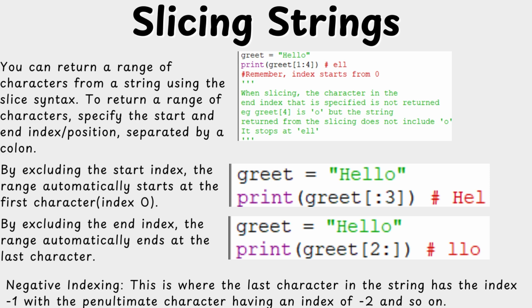What you do is you just put -1 for the last character, because no matter the length of the string, the last character will always have the negative index of -1. And then the second to the last one will be -2, and the third to the last one will be -3, and so on and so forth.